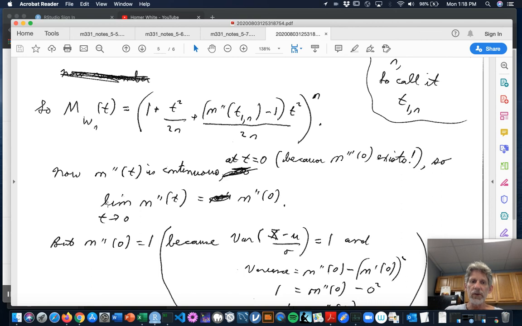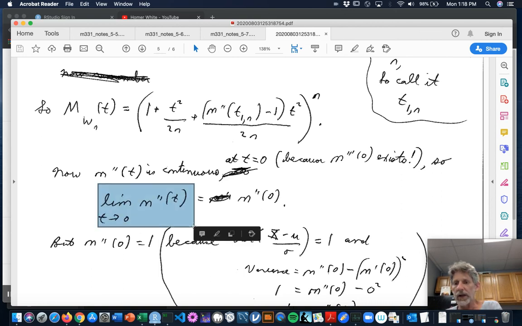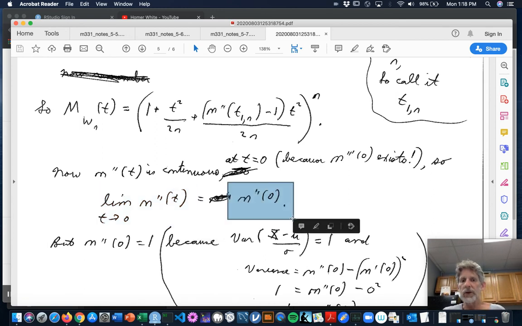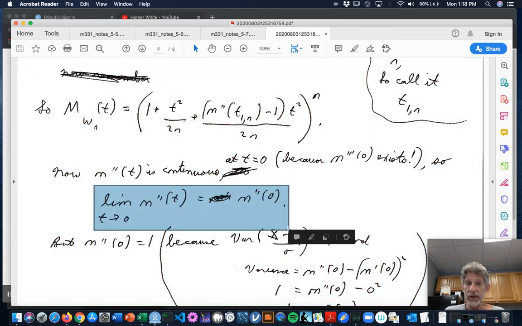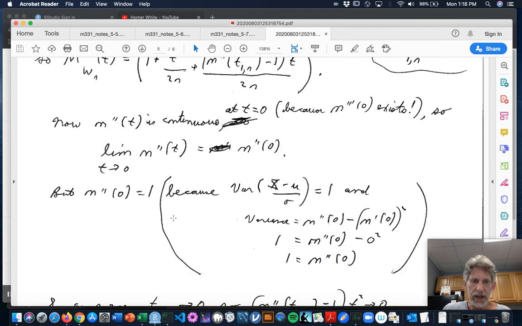And to be continuous at 0 means that if you look at the limit of a function as your variable goes to 0, that limit is the value of the function at 0. So a little thing we know about the second derivative of m is that the limit of m double prime of t as t goes to 0 is m double prime of 0. We also know something about m double prime of 0. Turns out it's 1.